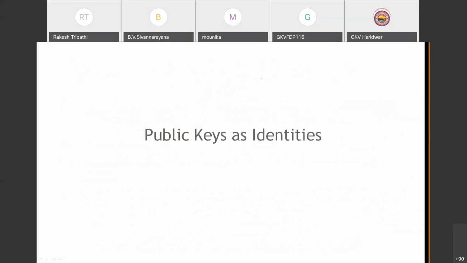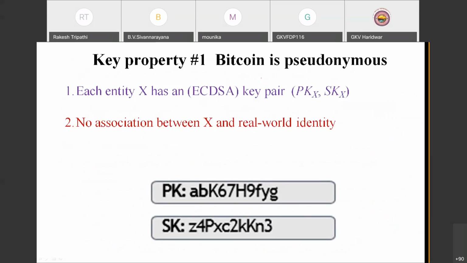Now in Bitcoin, there is a notion of public key identity. So what is the first key property of Bitcoin? It is pseudonymous. What is pseudonymous? Like in banking, our account number is mapped to our name, address, PAN card, everything. But in Bitcoin, each entity is known by its public key. For every public key, there is a private key. These two come in a pair.